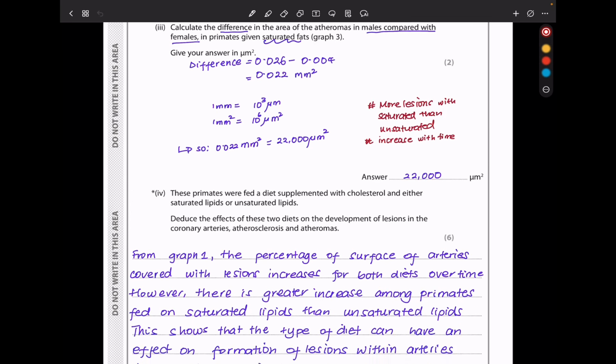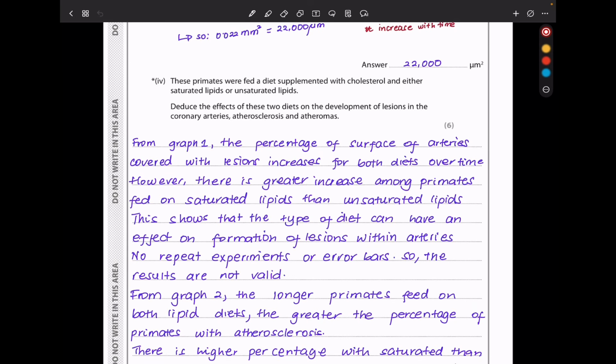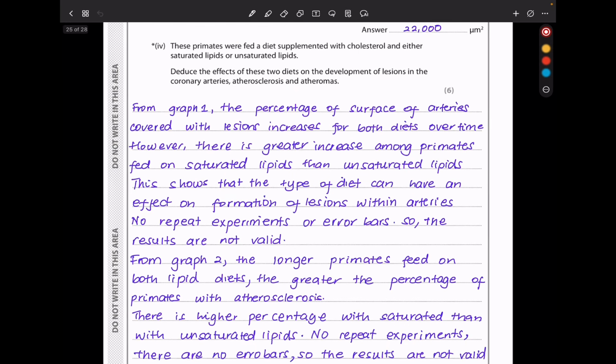Then down here they say, these primates were fed a diet supplemented with cholesterol and either saturated lipids or unsaturated lipids. Deduce the effects of these two diets on the development of lesions in the coronary arteries, atherosclerosis, and atheromas. To answer this question, I'm just going to go through one graph at a time.